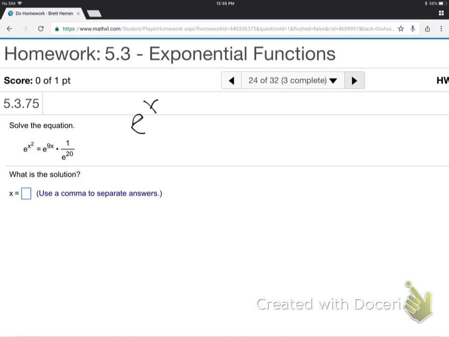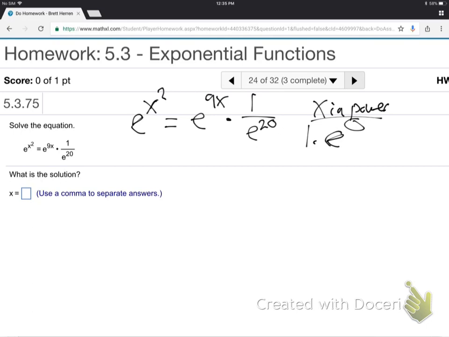e to the x squared equals e to the 9x times 1 over e to the 20th. Okay. You know the deal. You know the goal here, right? x in the power. Make it e to something equals e to the whatever.